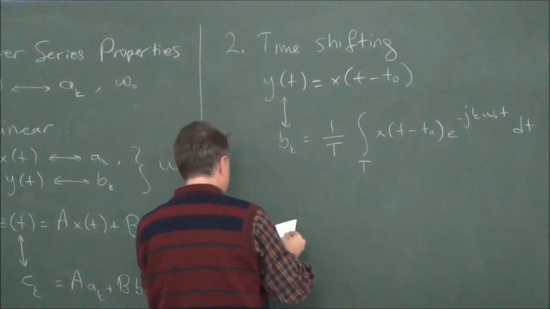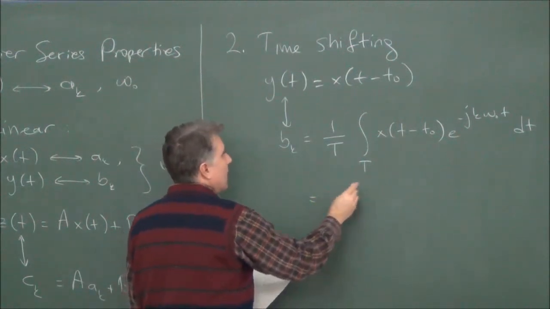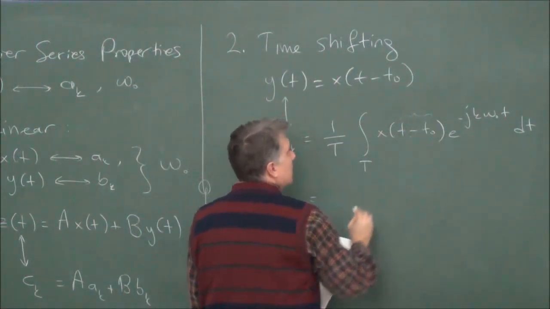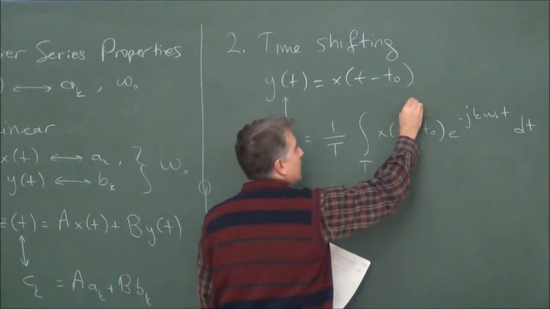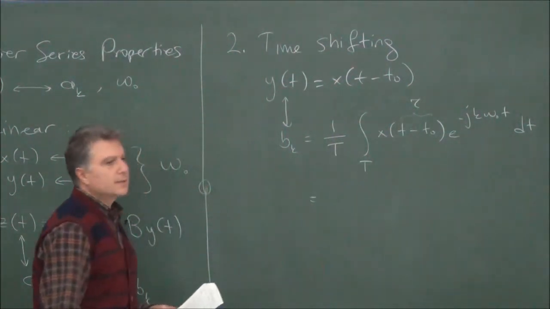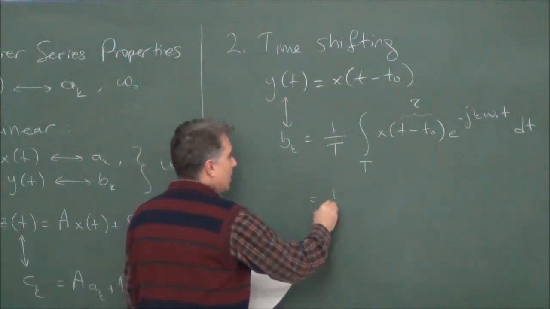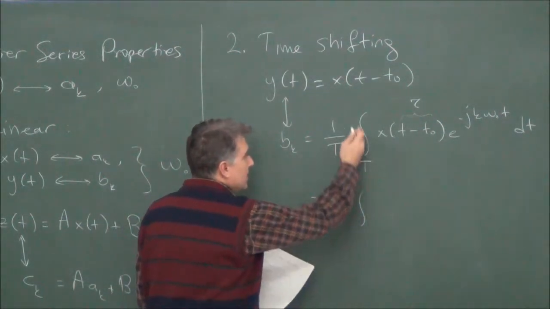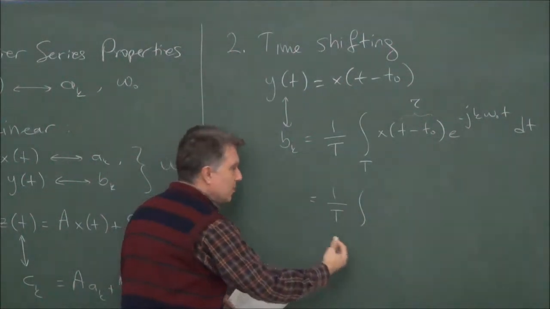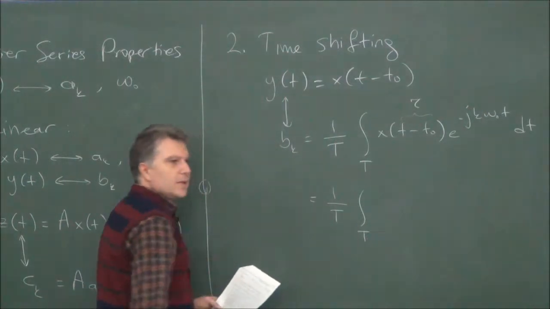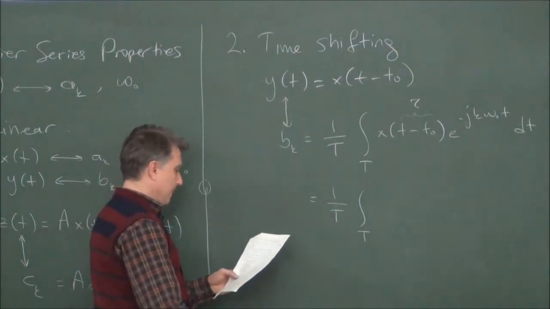This was the formula. And this t minus t0 thing, let's substitute to make it tau. This integral doesn't change because it doesn't matter where you start for this duration of T.